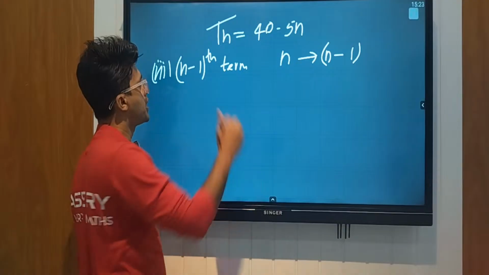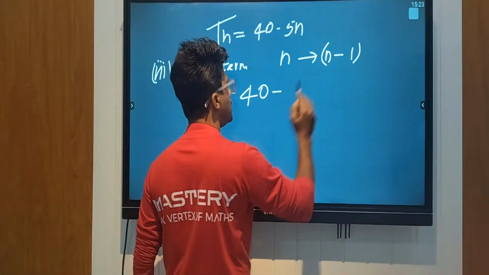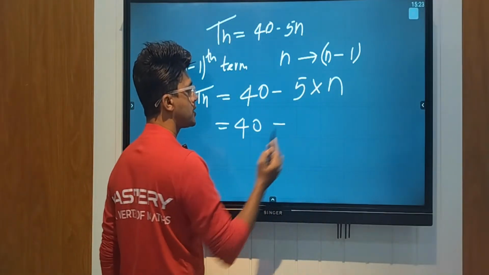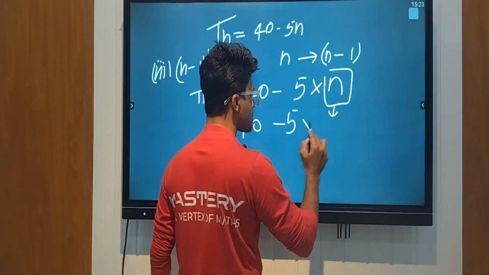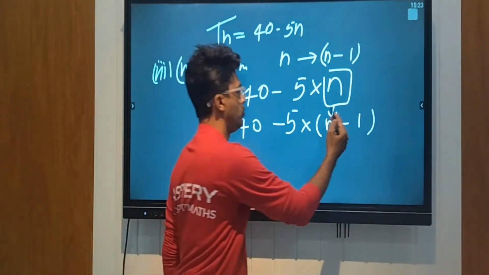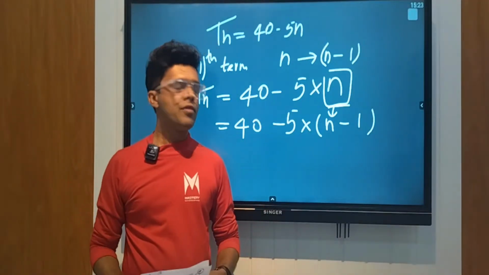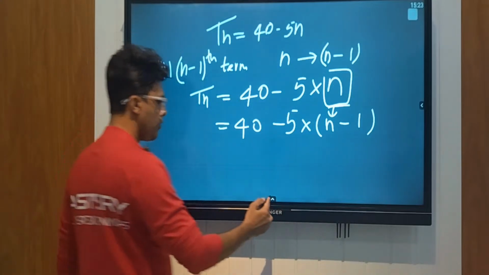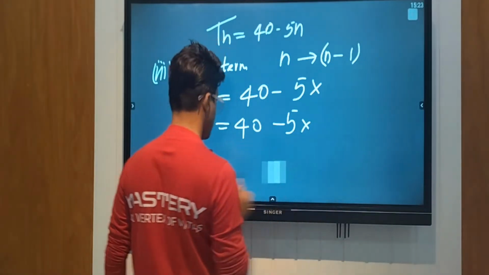Tn equals 40 minus 5 times the bracket n minus 1. Instead of the term n, we write n minus 1. Now we can remove the bracket.